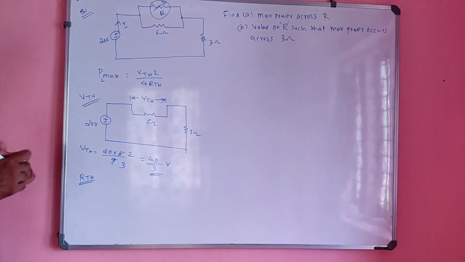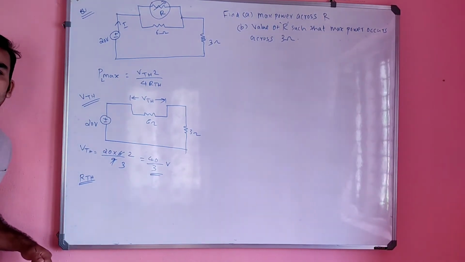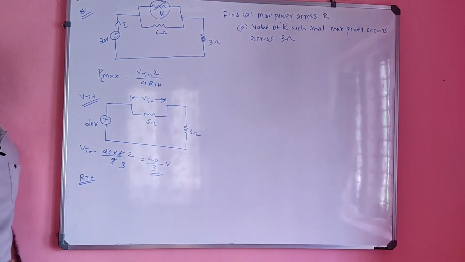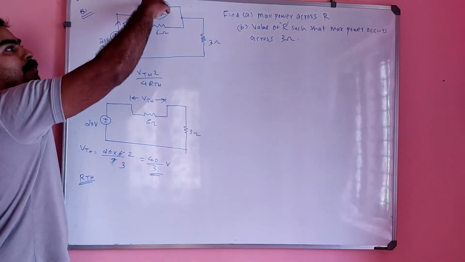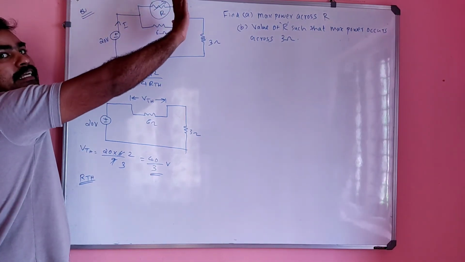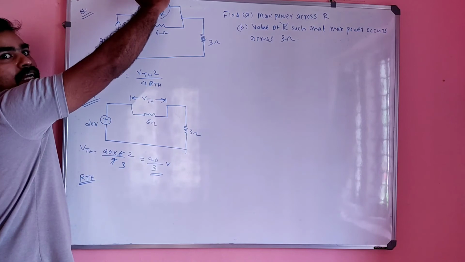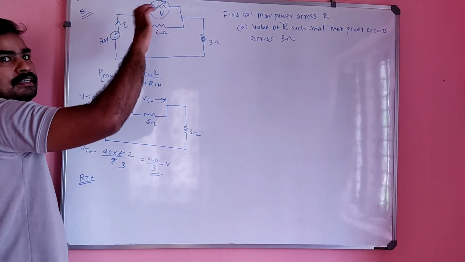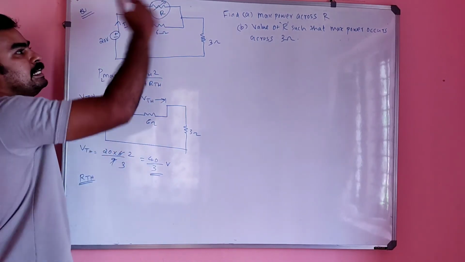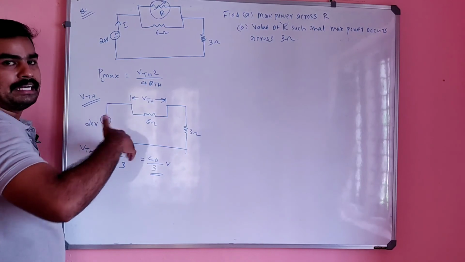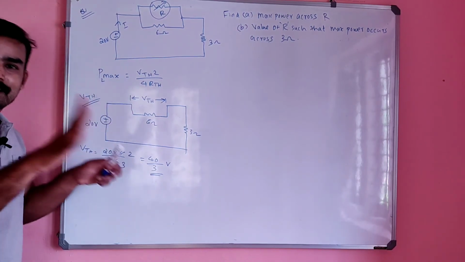For finding R Thevenin, what was the first step? Keep the open circuit terminal as like this and observe from that region what is the total resistance, such that all the independent sources should be switched off and dependent sources should be as such before.